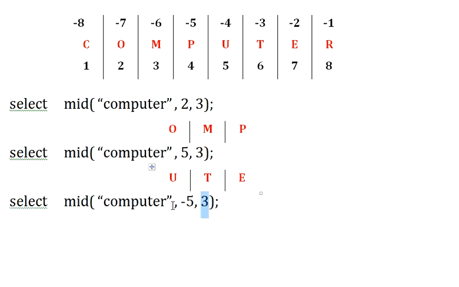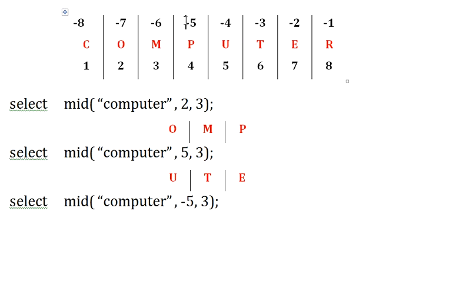So if I want to fetch the data from -5 for 3 characters, how will it perform? -5 means it has to start reading from your right side. It will be taking the index positions like this: -1, -2, -3, -4, -5. So from here, -5 onwards, it will fetch the 3 characters.